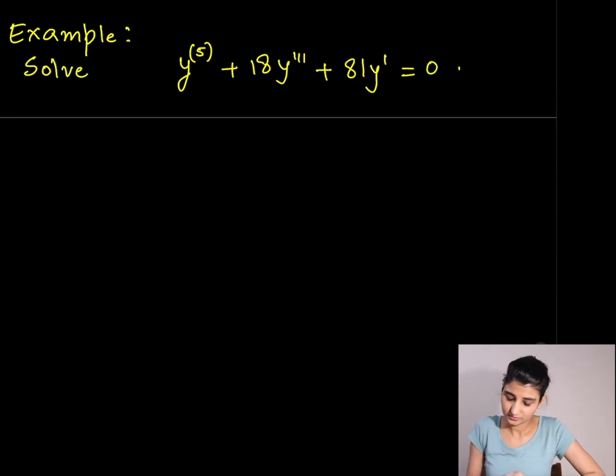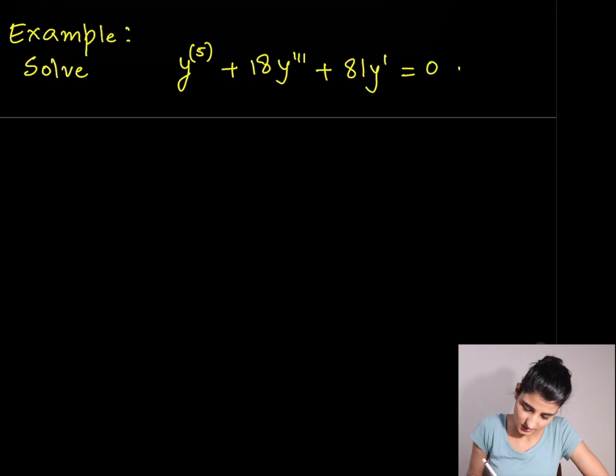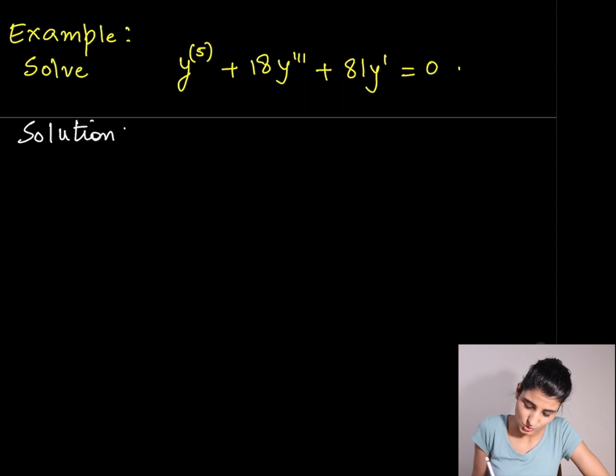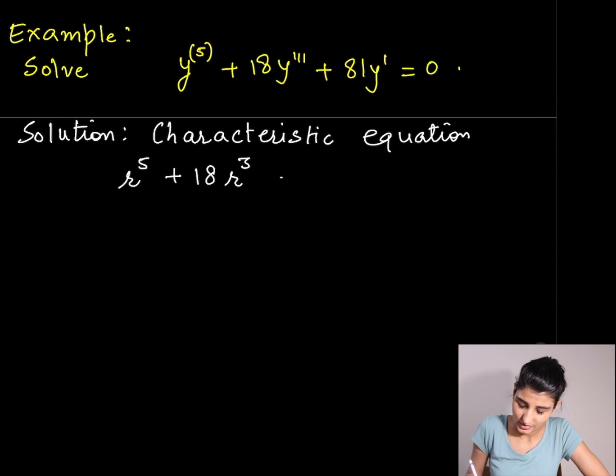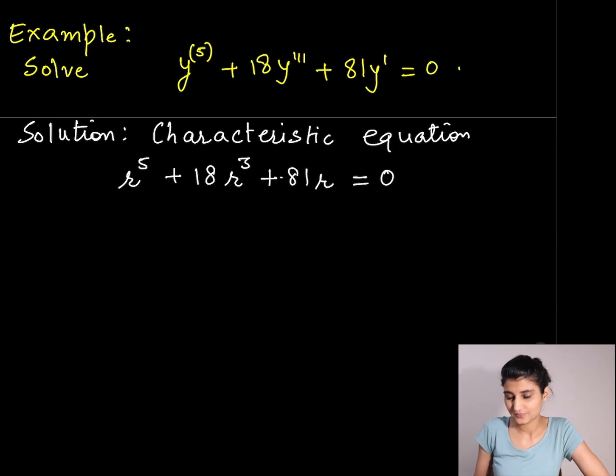Okay, let's see. So first step is to write down the characteristic equation. The characteristic equation is r power 5 plus 18r cube plus 81r equal to 0.